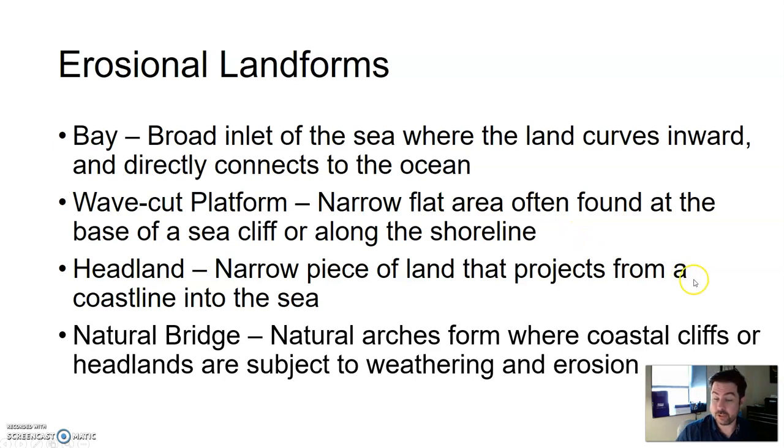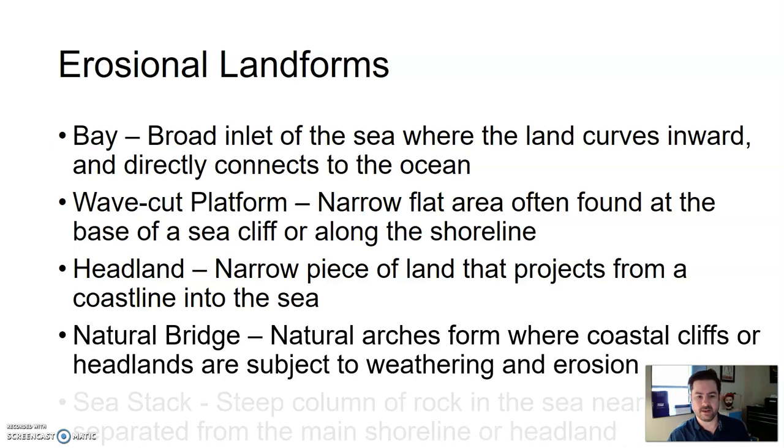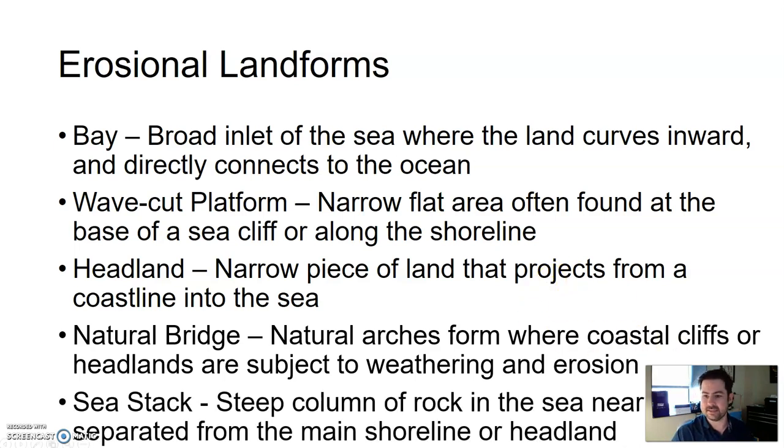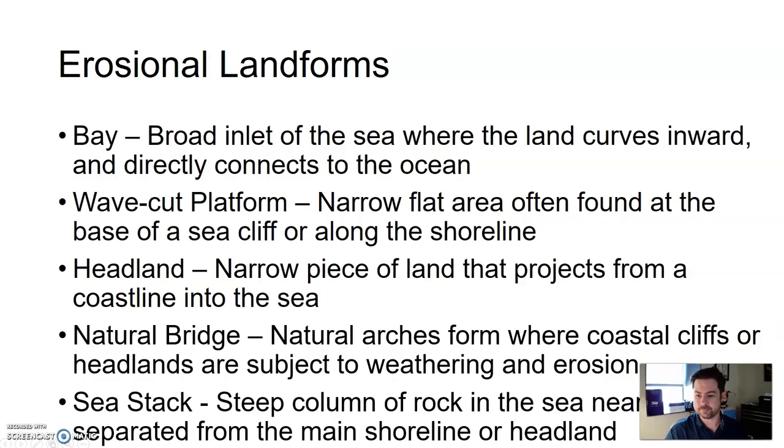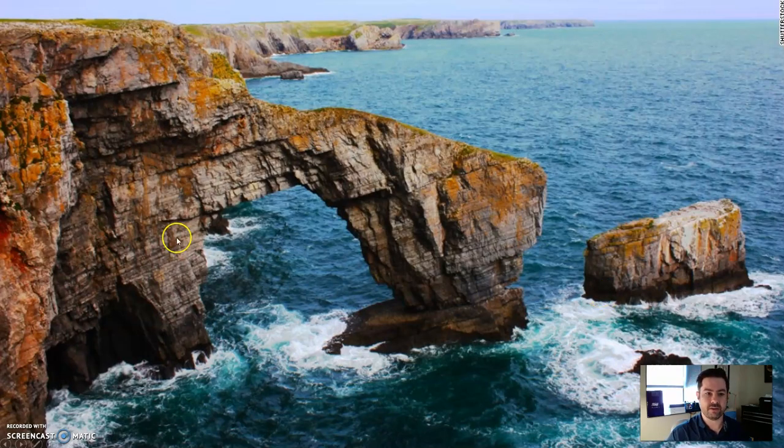A natural bridge, kind of what it sounds like. So natural arches form where coastal cliffs or headlands are subject to weathering and erosion. And these go hand in hand with sea stacks. Sea stacks are steep columns of rock in the sea near the coast, but they're separated from the main shoreline or headland. So what we have here, this would be a natural bridge, because there's an arch to it.